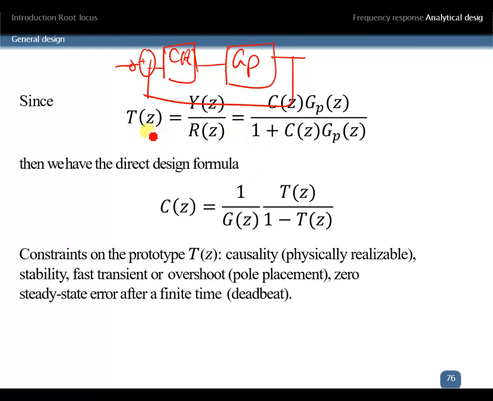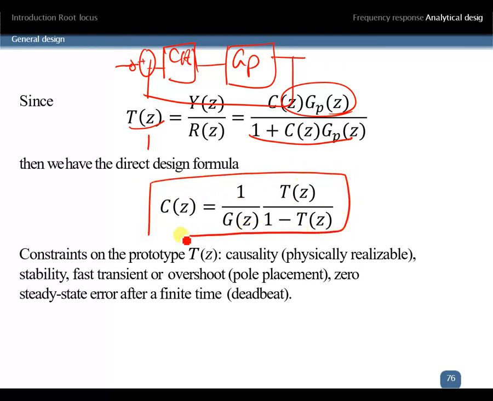Numerator here multiplied by denominator here, and the numerator here multiplied by 1, and simplify and find C(z) based on T(z) and G(z). We find C(z) is equal to 1 over G(z), T(z)/(1 - T(z)).